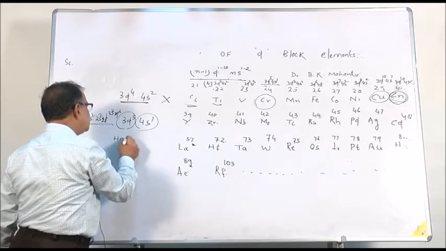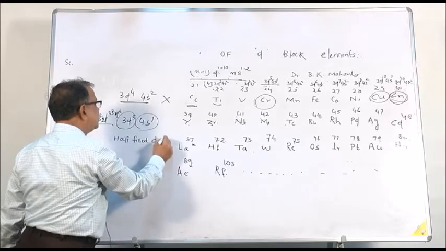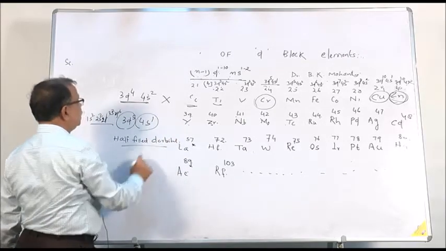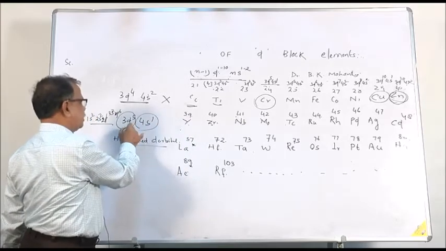That is due to the half-filled d orbital. The half-filled d orbital is most stable. As it is most stable, one electron from the 4s orbital goes to the d orbital.